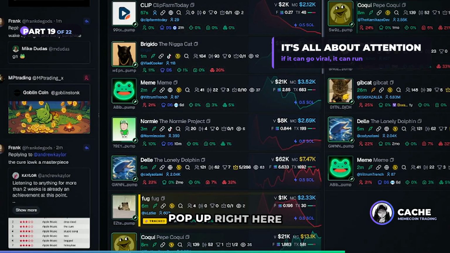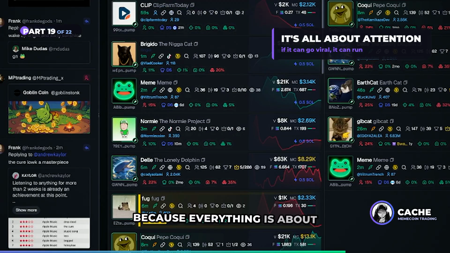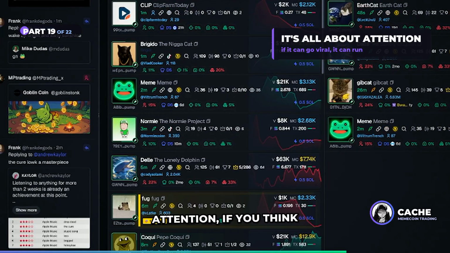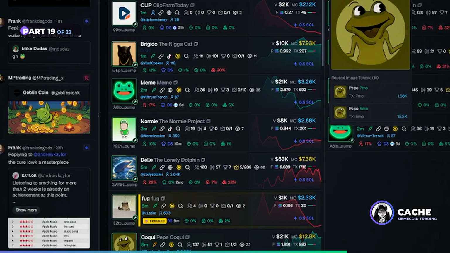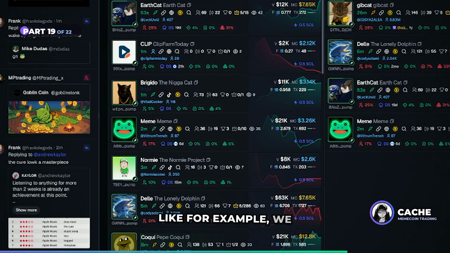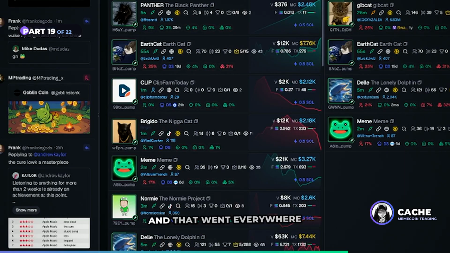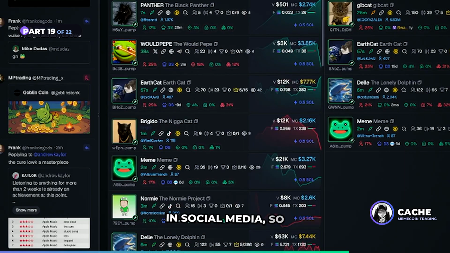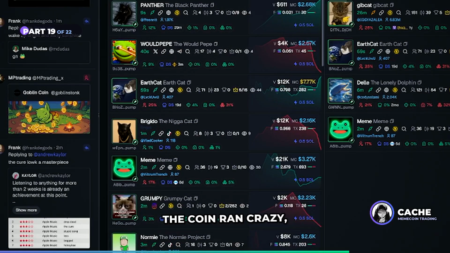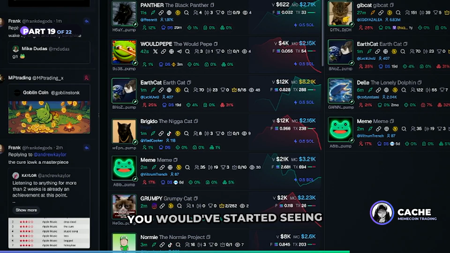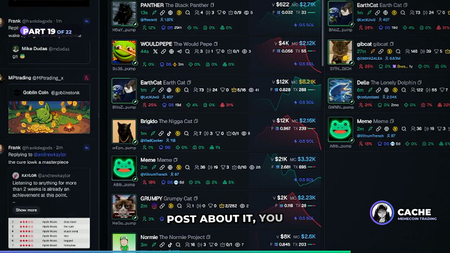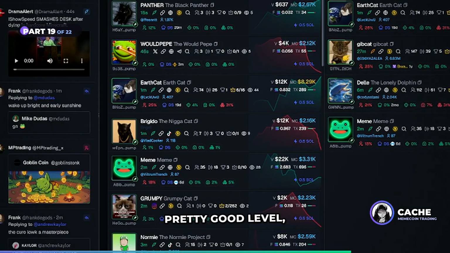It might even pop up right here on the new pairs, because everything is about attention. If you think it's gonna be able to get attention, like for example, we had Jimothy, which was a messed up raccoon, and that went everywhere in social media. So the coin ran crazy, right? And so if you would have started seeing a lot of people post about it, you probably could have gotten in at a pretty good level.